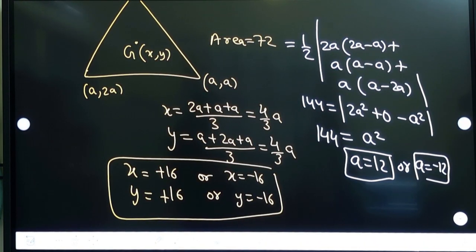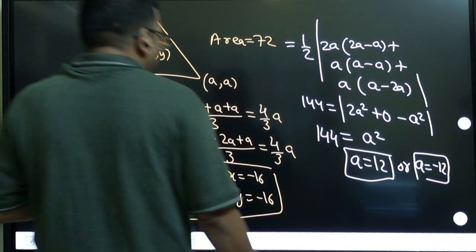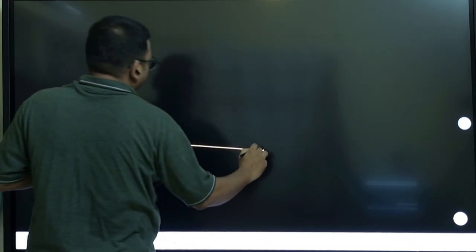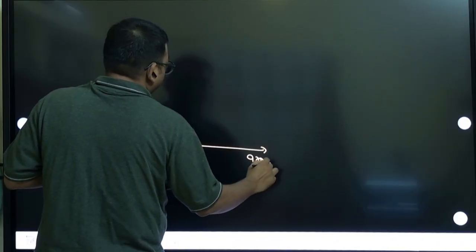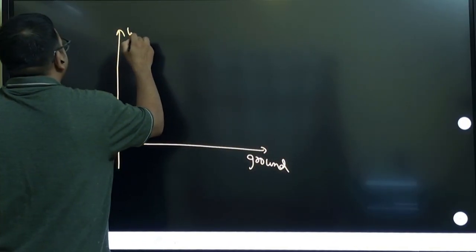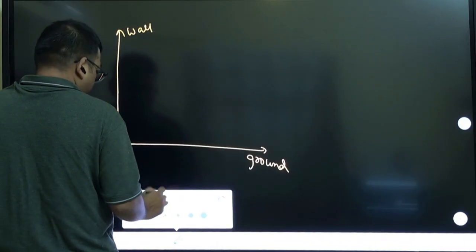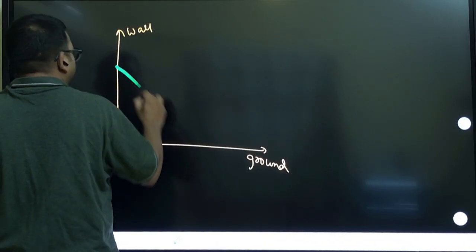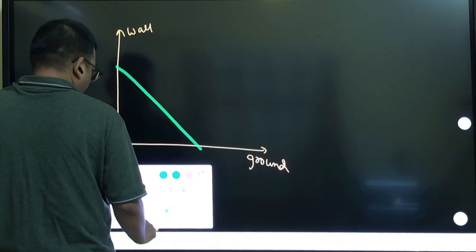So let's take one physics application. A rod AB of length 3 rests on a wall. Maybe this looks like a good question. So this is ground and this is wall, and there is a rod which is lying like this.